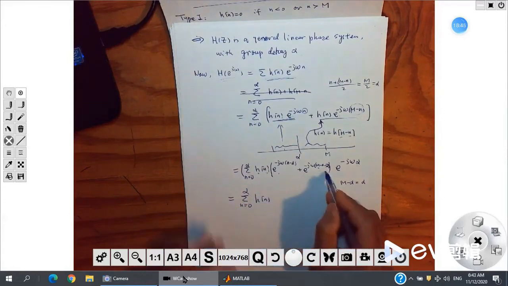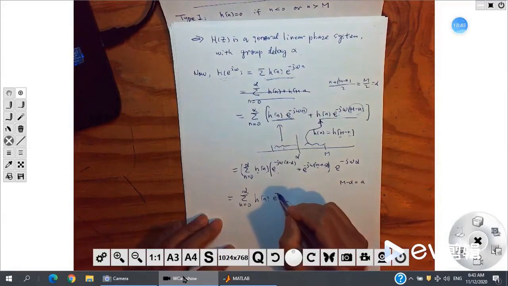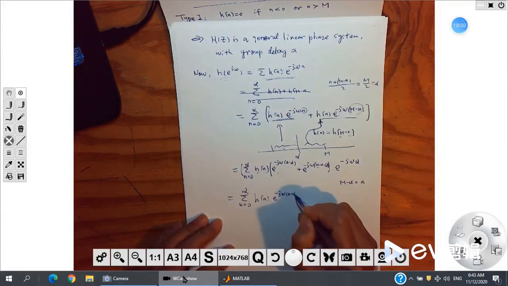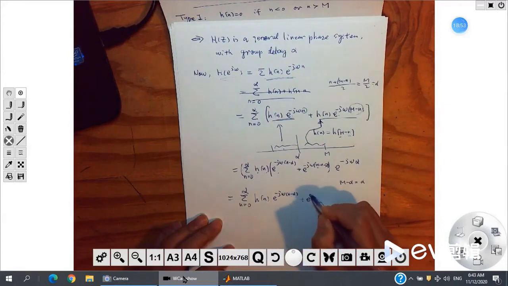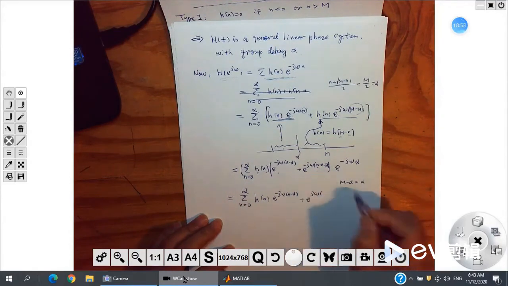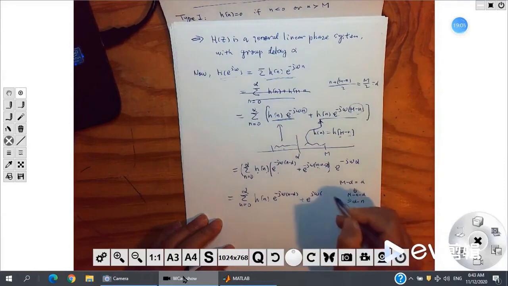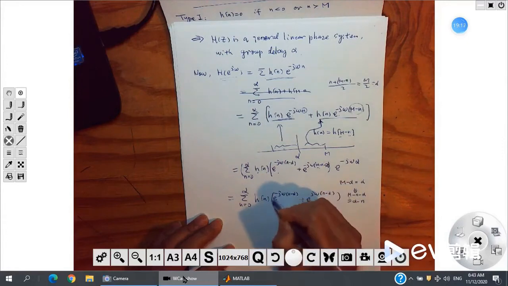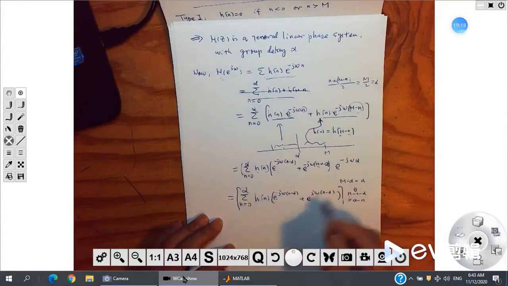These two terms are e to the negative j omega (n minus alpha) plus e to the j omega (m minus n minus alpha), which equals alpha minus n. So this is negative alpha minus n, I move the negative inside. This is just n minus alpha.